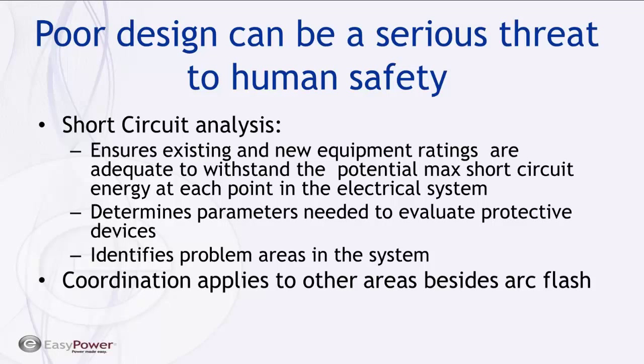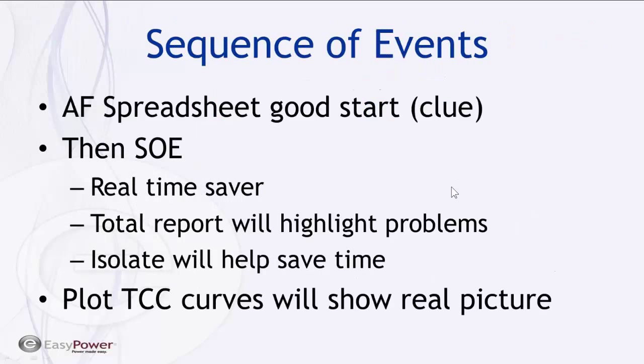The other thing I'd like to point out, though, is that the process of coordination, while it's very important in calculating arc flash and coordinating breakers, also applies in other areas of system performance and in protecting equipment as well as human safety.